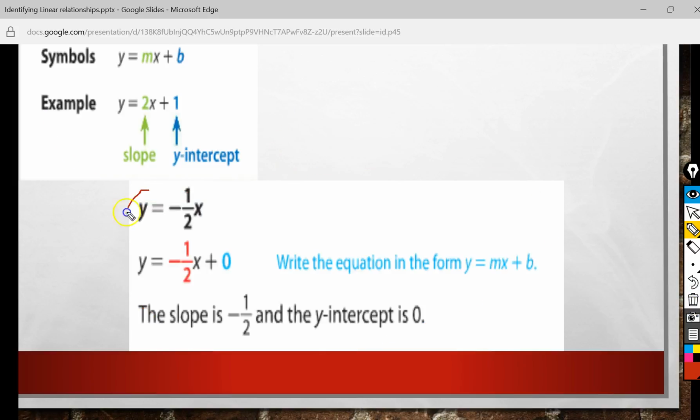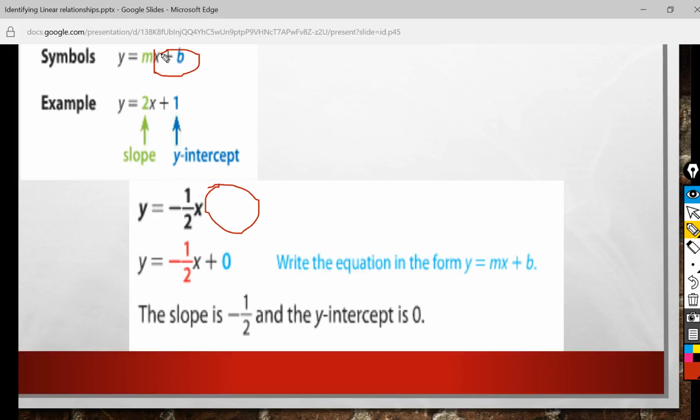So you're given this equation right here. You look at the number, including its sign, before the x. We see that it's negative 1 over 2. So the slope is negative 1 over 2. And then you don't see anything going on behind the x. That's where plus b would normally be. We represent nothing by just writing the number 0, so we would just say plus 0.